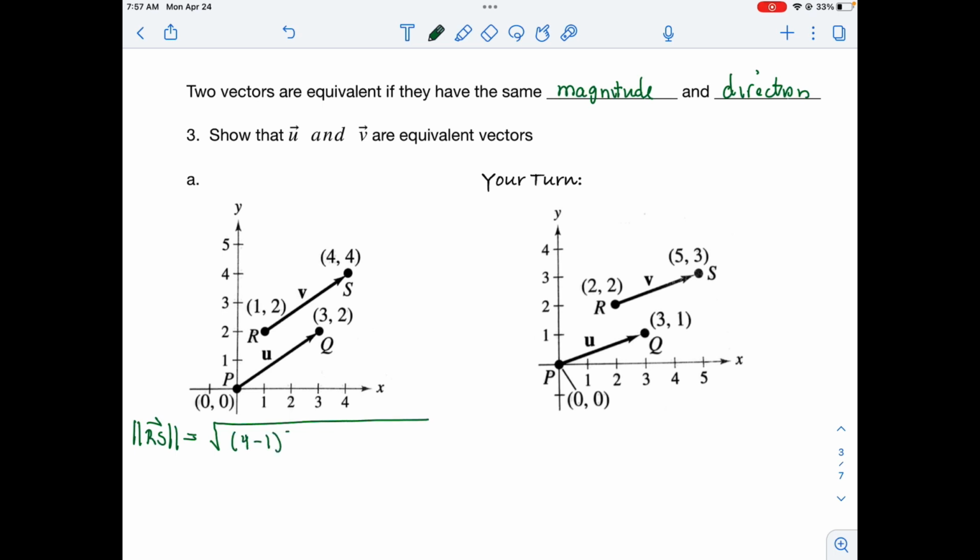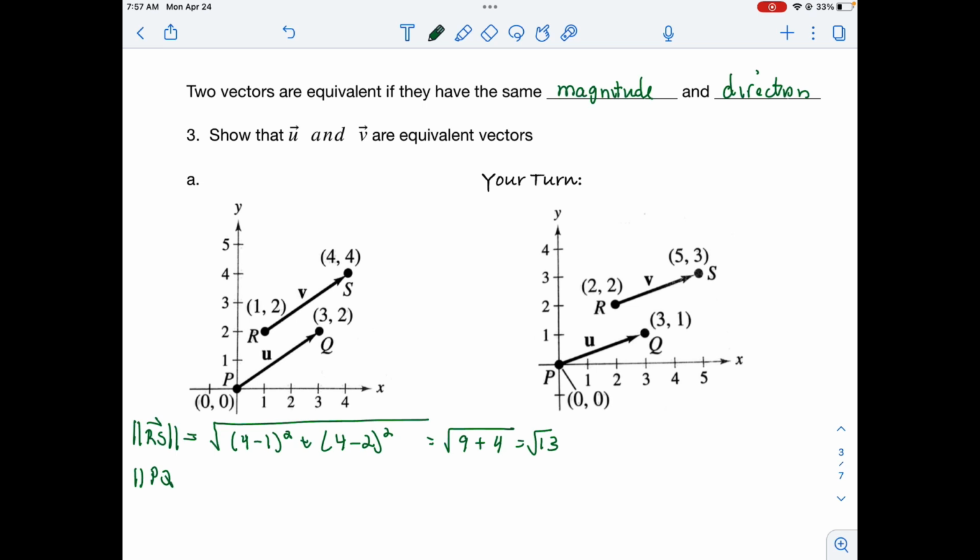So to find the magnitude here, I'm going to take my terminal minus my initial of the x and do the same thing with the y, square those, add them, and then take the square root, and I get the square root of 13.